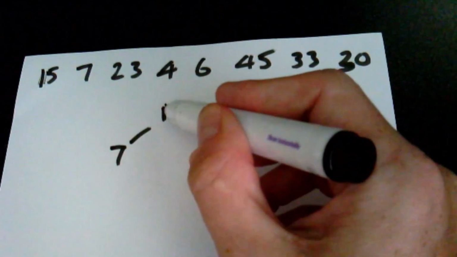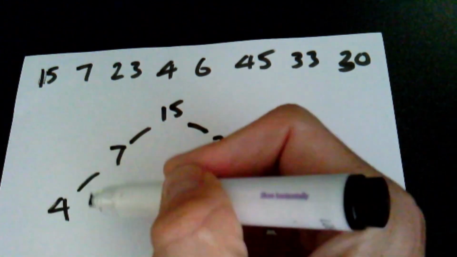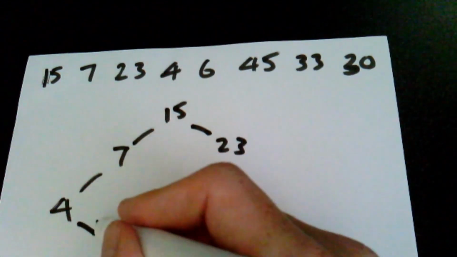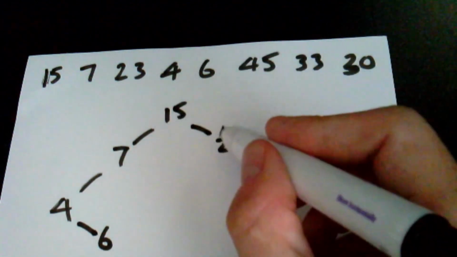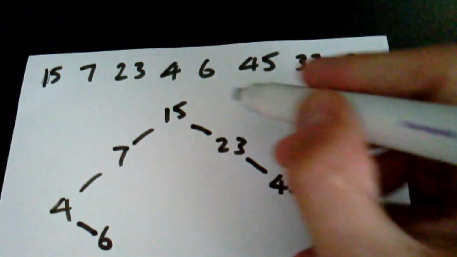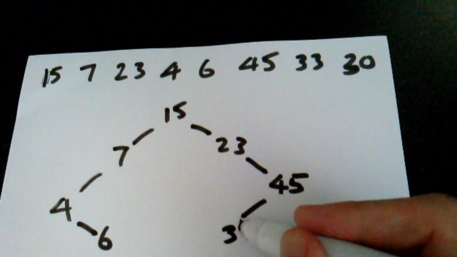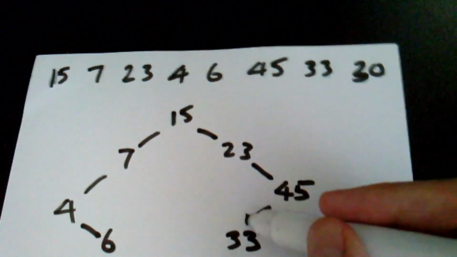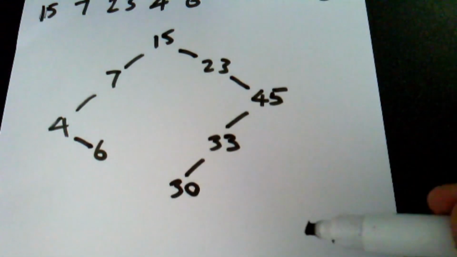With 4: go to 15, traverse left to 7, then left to 4. And follow this through. And that's it.